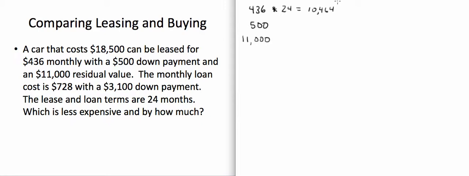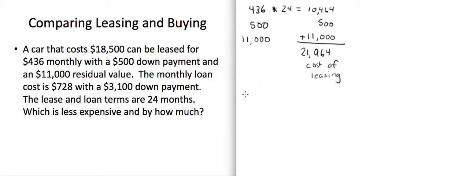Then we add in the 500, and then add in the 11,000, and that gives us an answer of 21,964. So that's the cost of leasing.